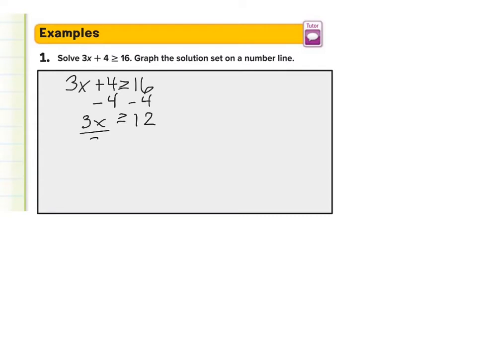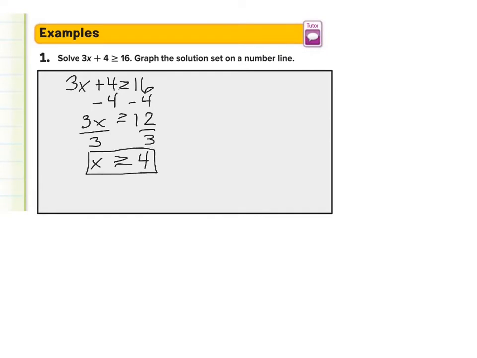And then divide by 3. I have to make note, am I dividing by a negative? Nope, then I don't have to switch the sign. 3x divided by 3 is just x, is greater than or equal to 12 divided by 3, which is 4.